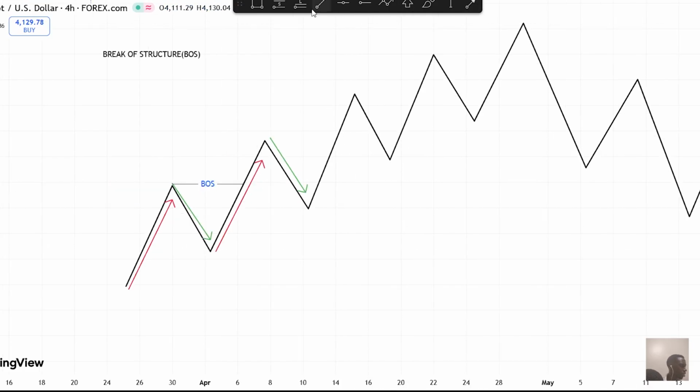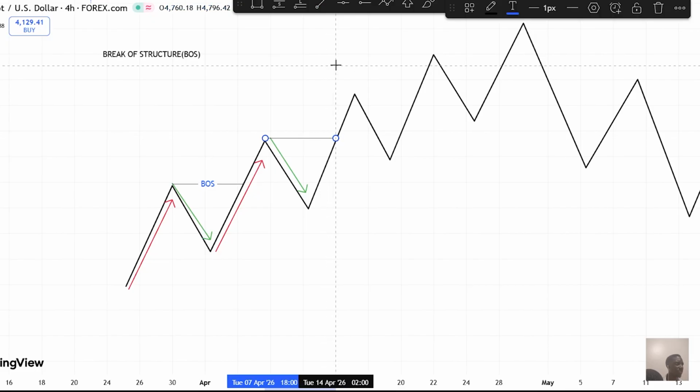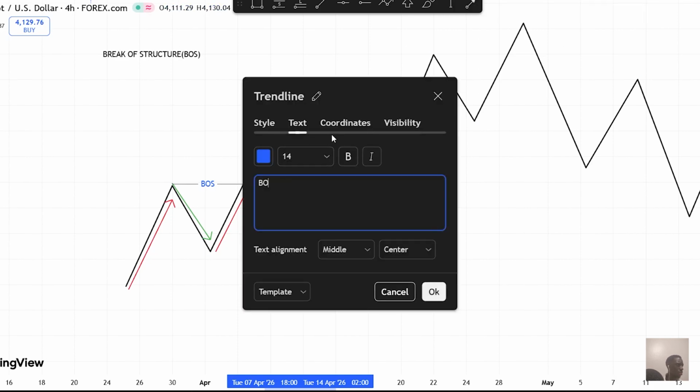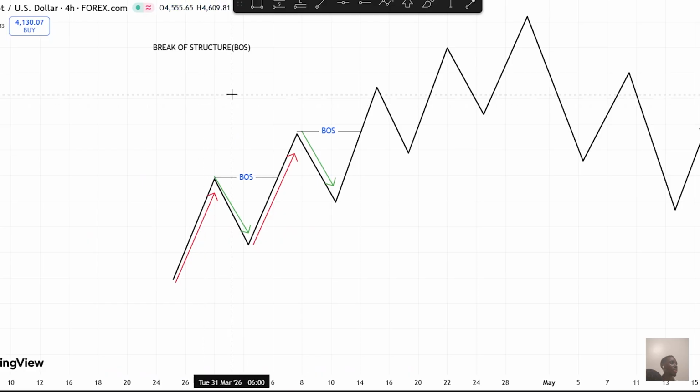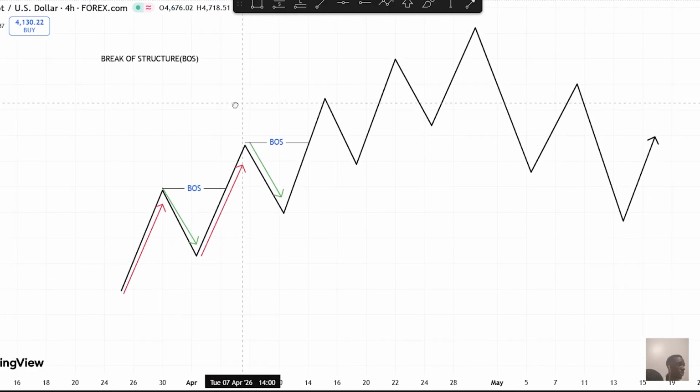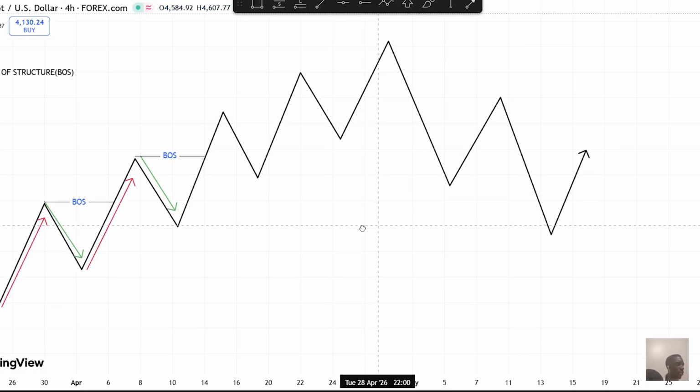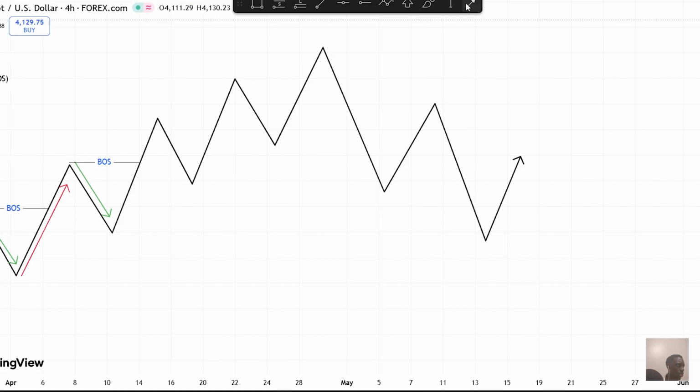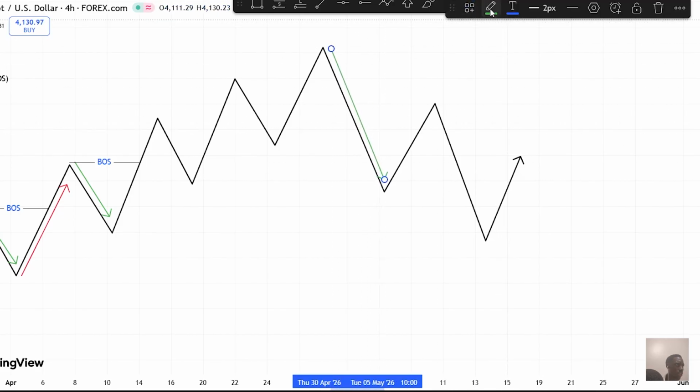Some people call a breakout structure a CHoCH, but for me, I prefer to call it a breakout structure. As you can see, price comes and breaks there. So it's an indication to show us that the trend has broken. It may be to the upside or the lower side.